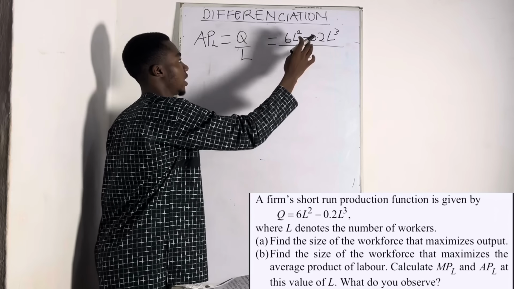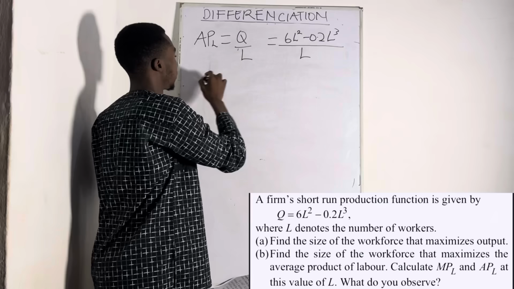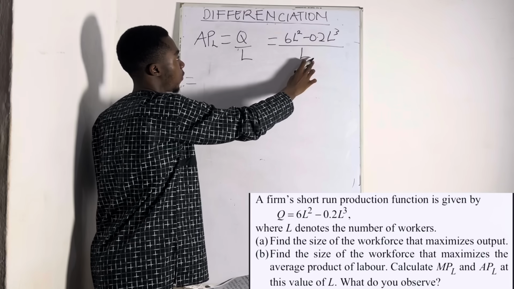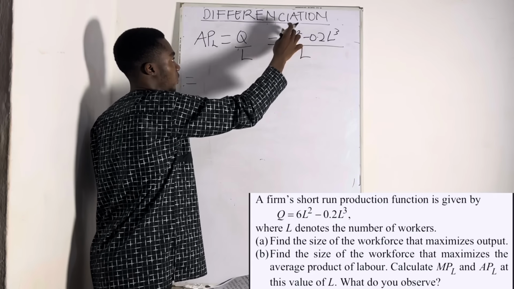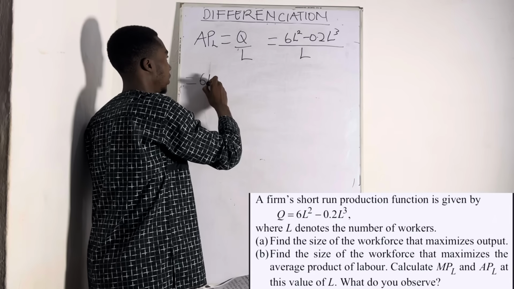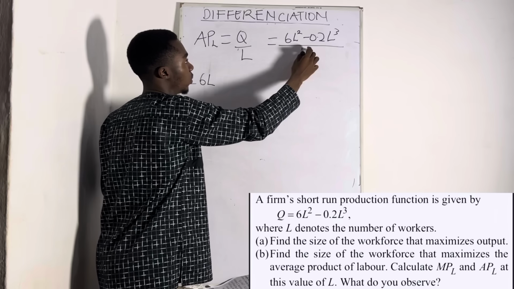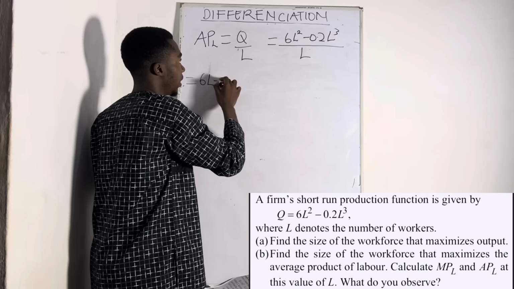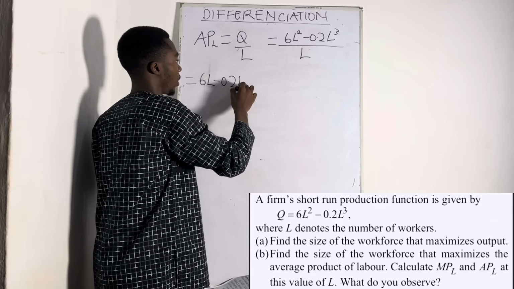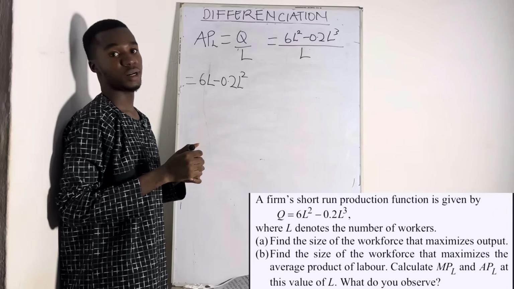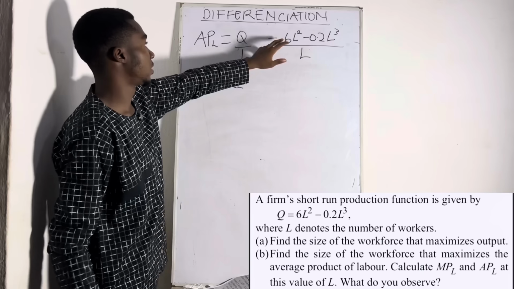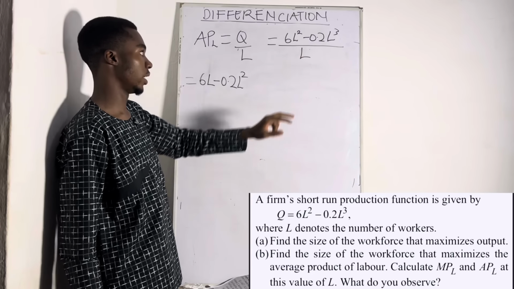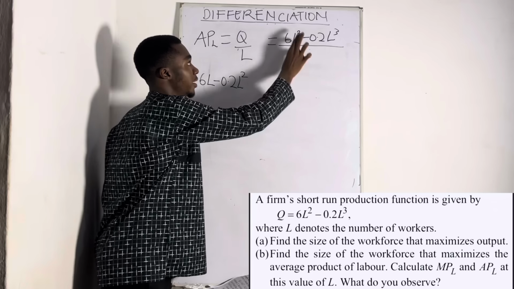So now we can just use L to cancel out. L will go into itself once and cancel one of the L's in 6L squared, so you are getting only 6L, right? Then L will also go into itself and cancel one of the L's in L cubed, so you are getting minus 0.2 L squared. I hope no one is confused. This is Q over L, 6L squared minus 0.2 L cubed over L. So now we are using L to divide both of them.